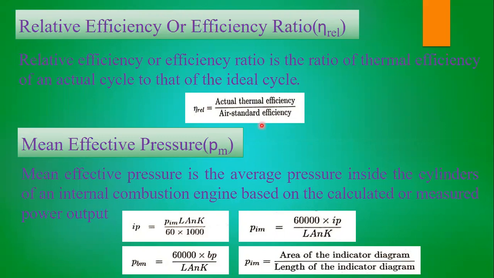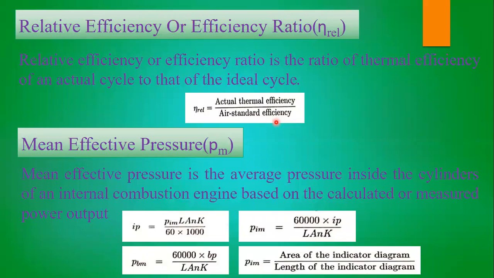Okay, so this will give us the relative efficiency, and depending upon that we can know the performance of the engine. If the relative efficiency is good, then we can say that the performance of the engine is going to be good. That's why we need to know about the relative efficiency. If the relative efficiency is good, that means the amount of developed work is most useful.